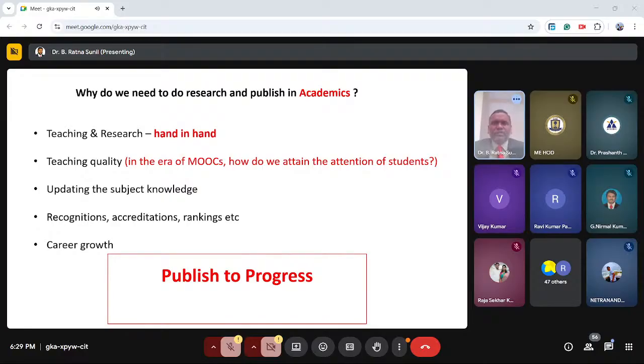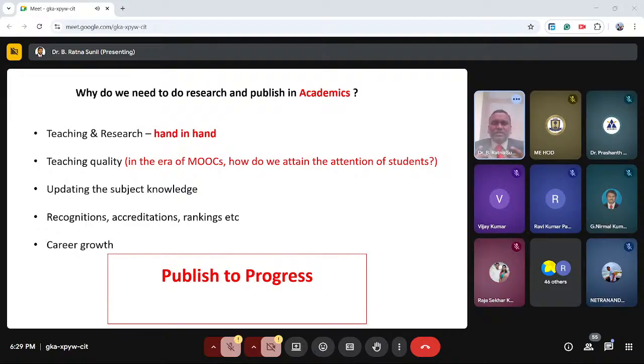But now you will find a lot of audio-video supported lectures online. In this juncture, why should students sit in the class and listen to your lecture? Because with audio and video aids, with animation, a lot of videos are available online. They will understand the concept visually by watching these videos online.